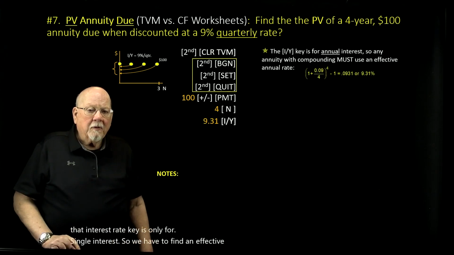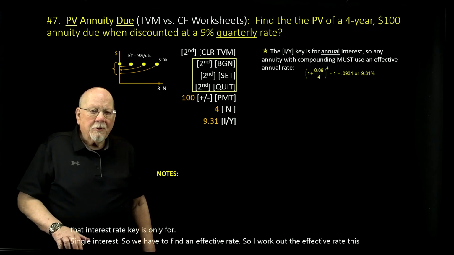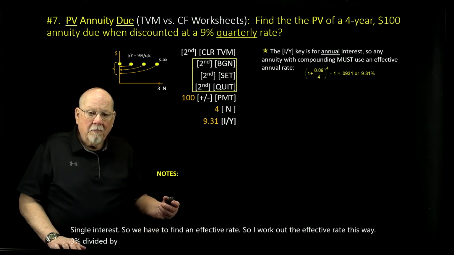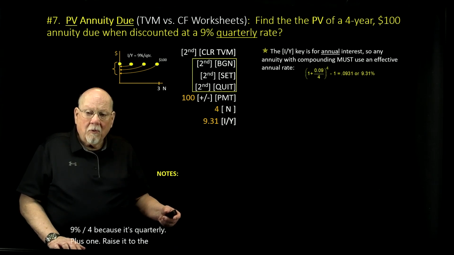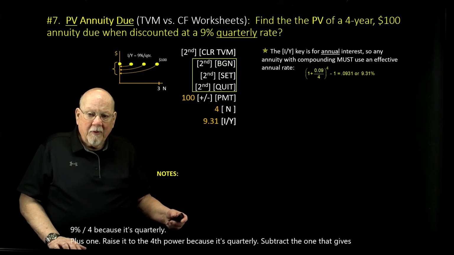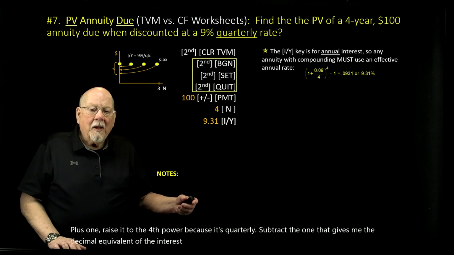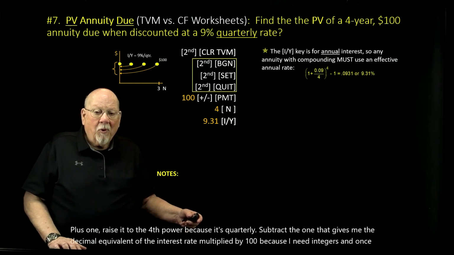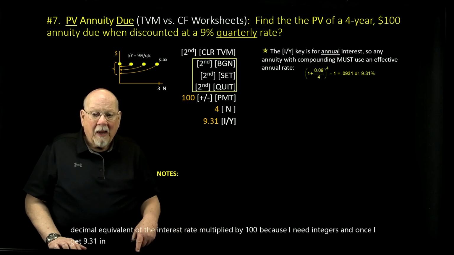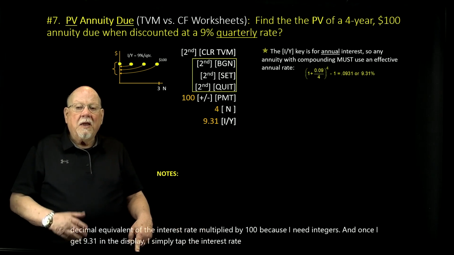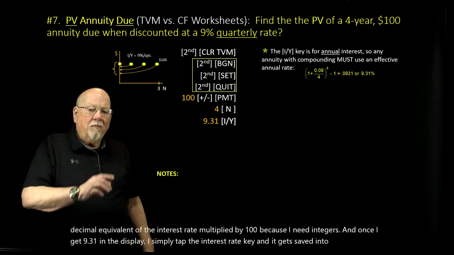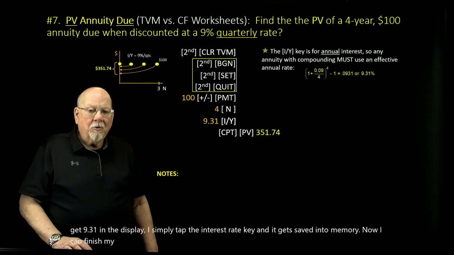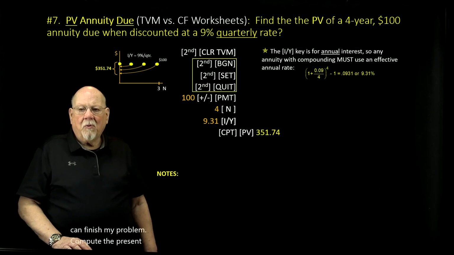I work out the effective rate this way: 9% divided by 4, because it's quarterly, plus 1, raise it to the 4th power, because it's quarterly, subtract the 1, that gives me the decimal equivalent of the interest rate, multiply it by 100, because I need integers, and once I get 9.31 in the display, I simply tap the interest rate key, and it gets saved into memory. Now I can finish my problem. Compute the present value, 351.74.